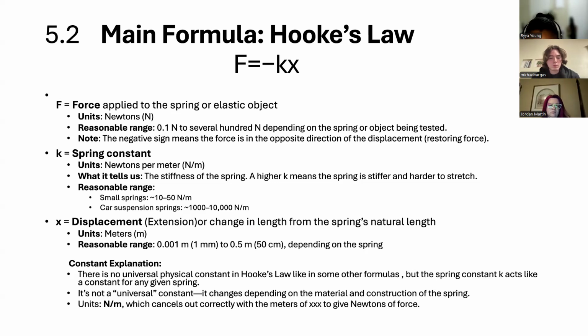Constant explanation: there is no universal physical constant in Hooke's law, like in some other formulas, but the spring constant K acts like a constant for any given spring. It's not a universal constant. It changes depending on the material and construction of the spring. The units of newtons per meter cancel out correctly with the meters of X to give newtons of force.